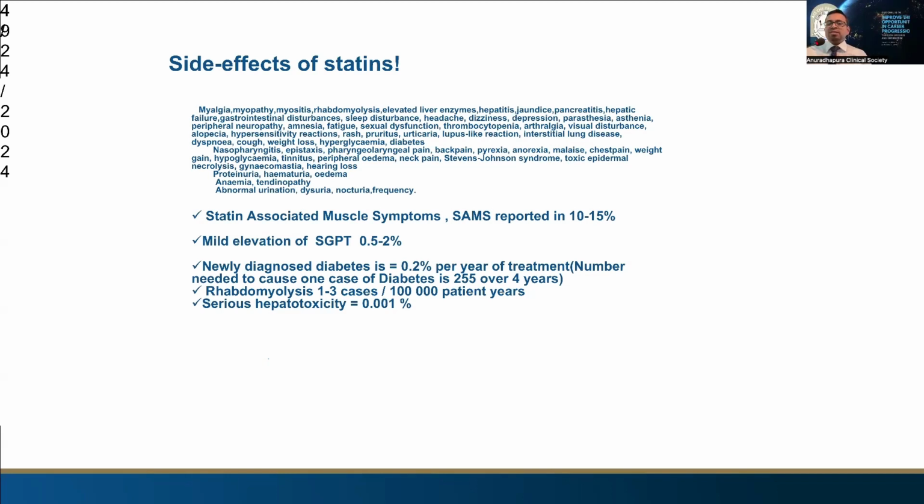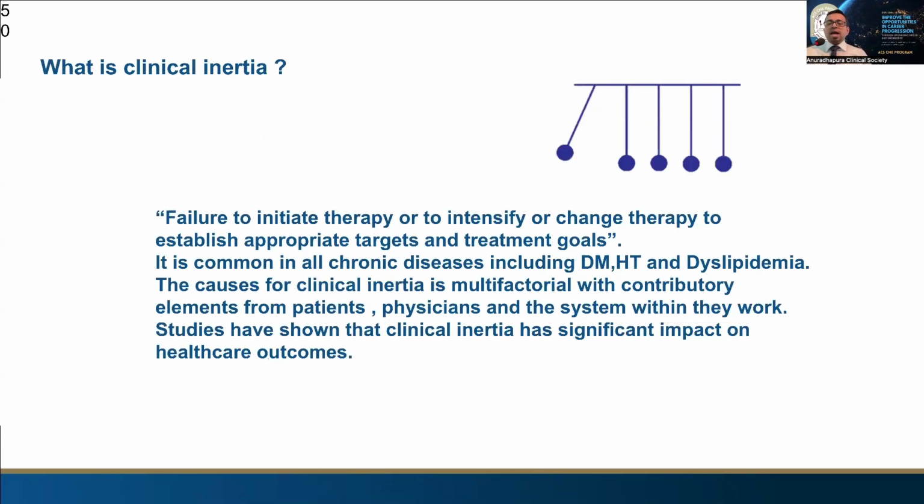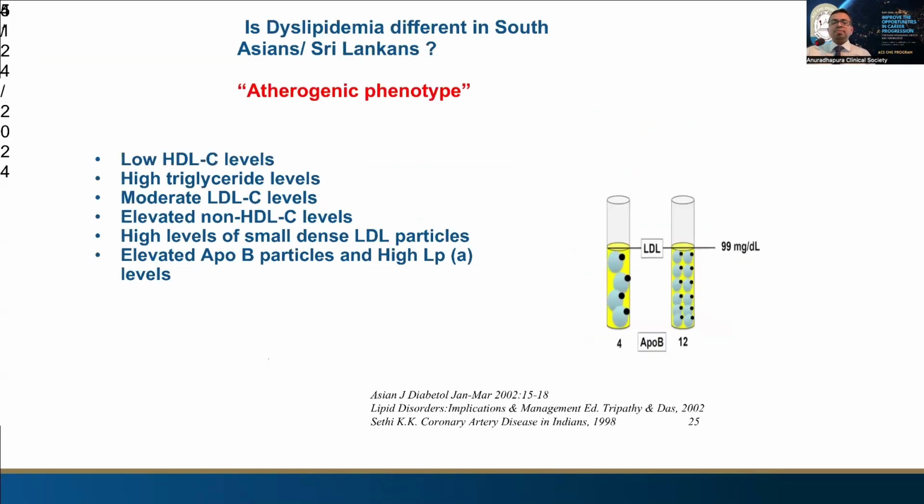So they ask the doctor, if I am getting this tablet, will I get diabetes? So they will have fear. That's the reason they are afraid to take the normal or desired doses. The other thing is clinical inertia. Even though the guidelines set the targets, the patients as well as the physicians have inertia to give the proper or complete doses.